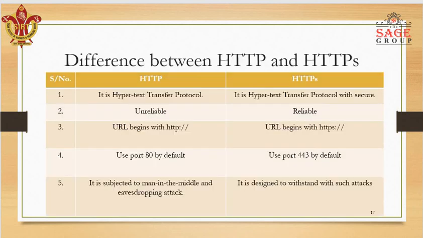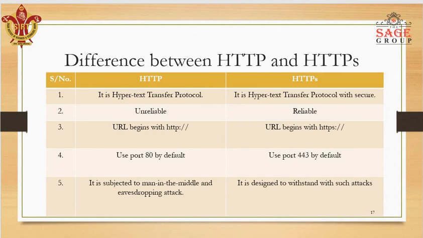So the basic differences between HTTP and HTTPS: HTTP stands for Hypertext Transfer Protocol and HTTPS stands for Hypertext Transfer Protocol with Secure. HTTP is considered unreliable and HTTPS is considered very reliable.